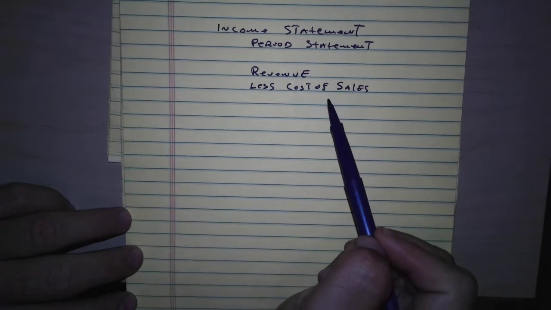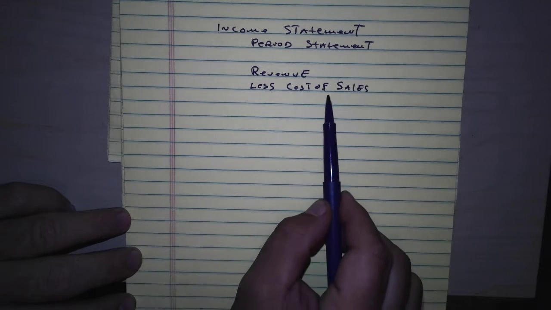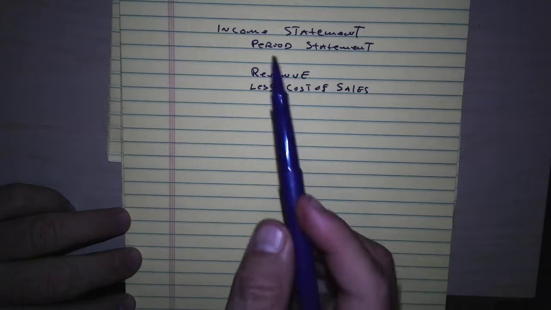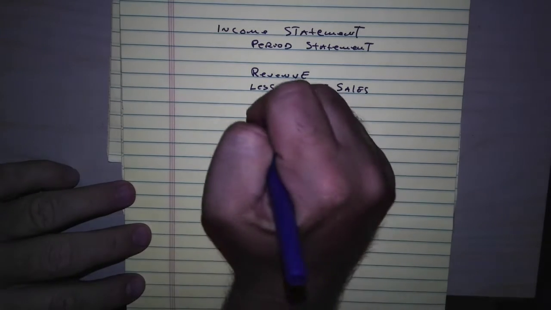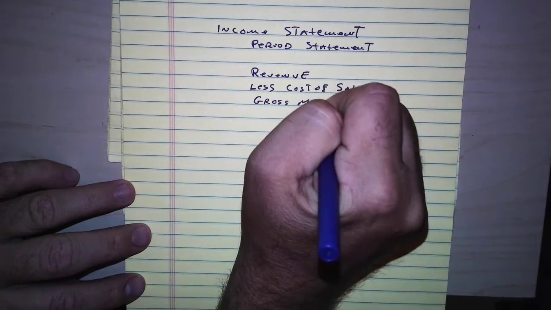A merchandiser has to acquire a product from somewhere in order to sell it, and a manufacturer has to produce a product and put it together before they sell it. So this part here is going to be subtracted from the revenue to find out what we call gross margin.